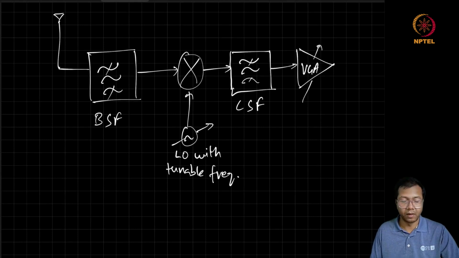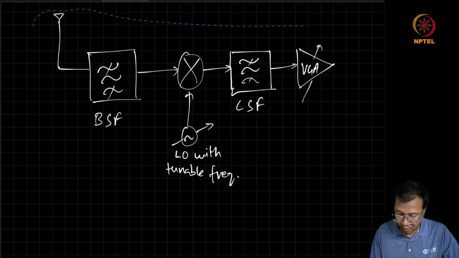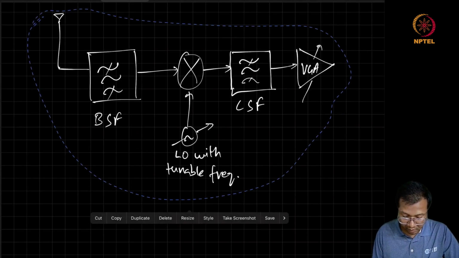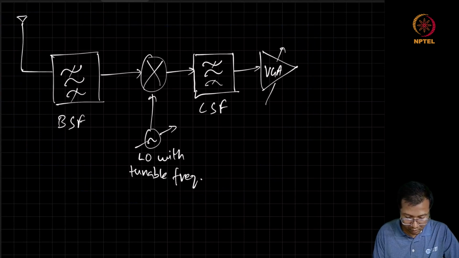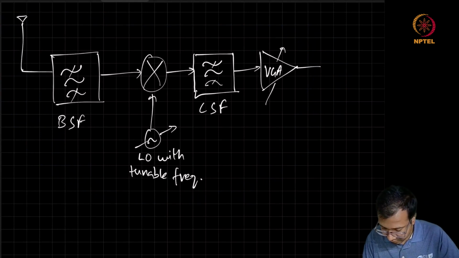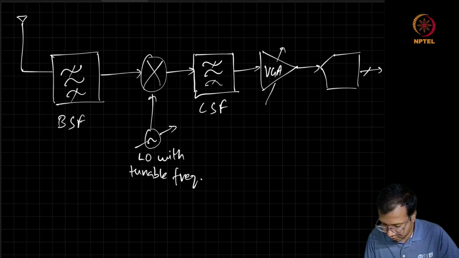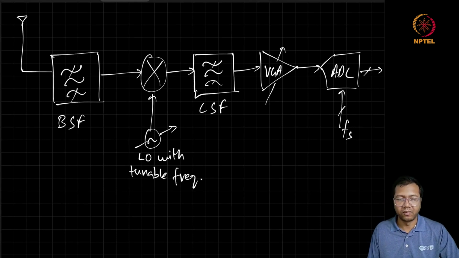And we are adding a VGA to bring the signal into, utilizing the full dynamic range of the input of the ADC, which is now running at a much smaller sampling rate compared to the previous case.